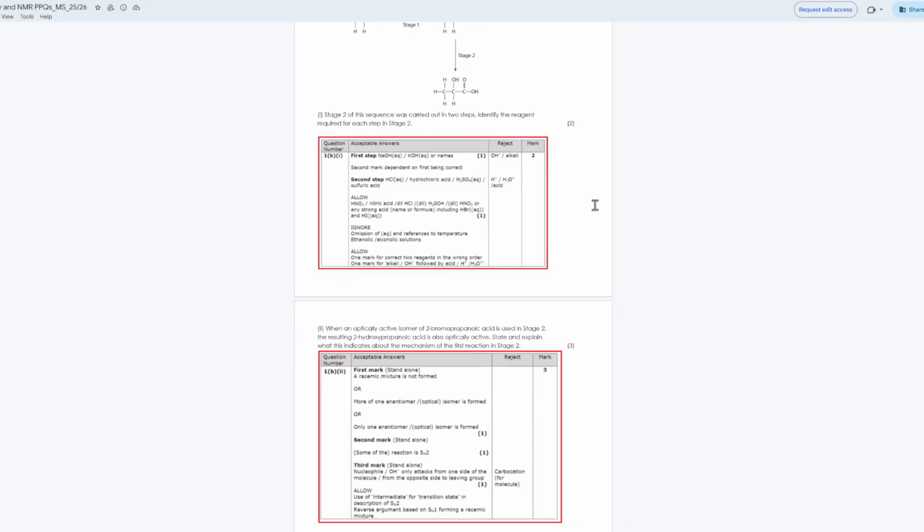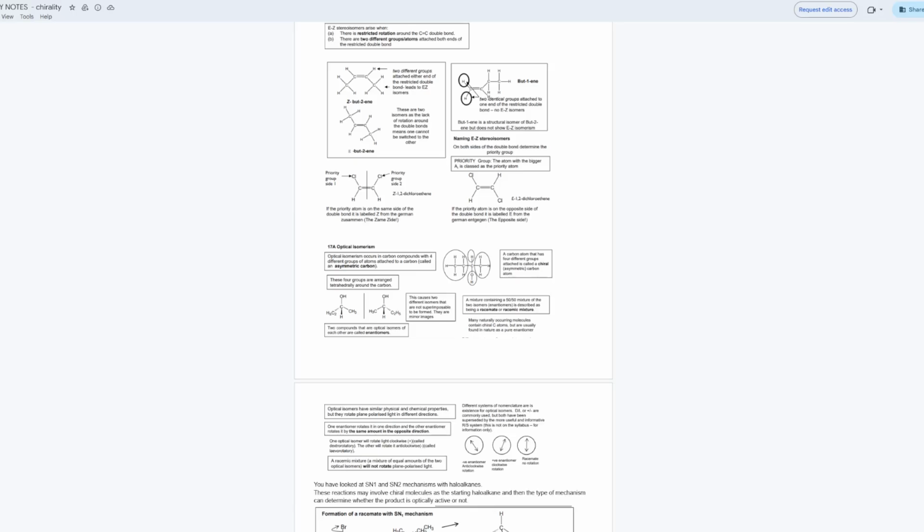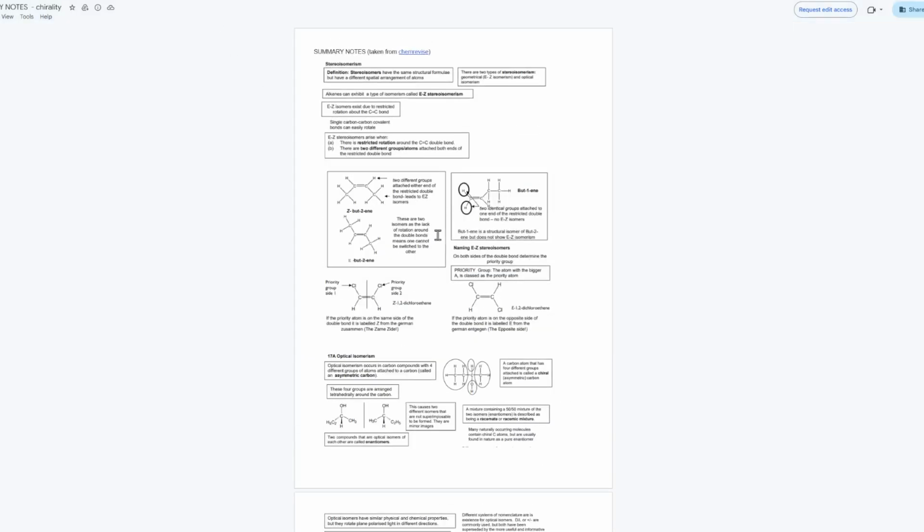And then 12B. KOH is the first step, and the second step is HCl. Wow. So stage 2 is, what am I looking at here?